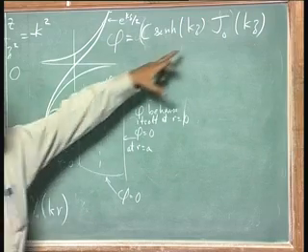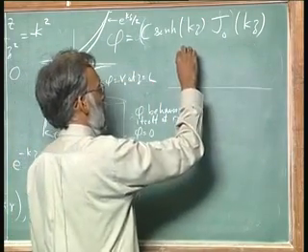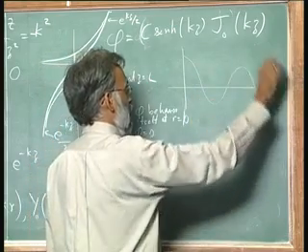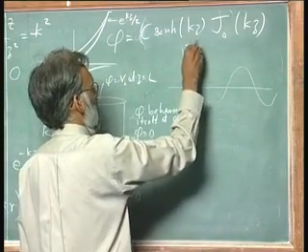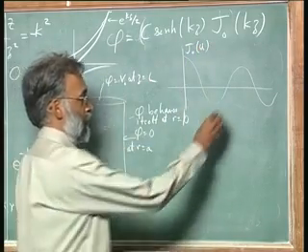Well, if you look at what J naught is, J naught is an oscillatory function. This is J naught of any argument u versus u.